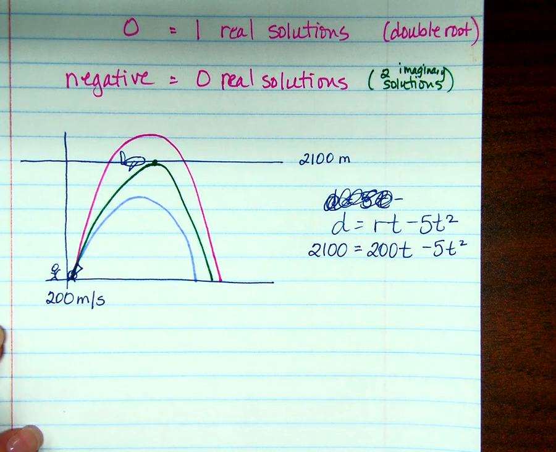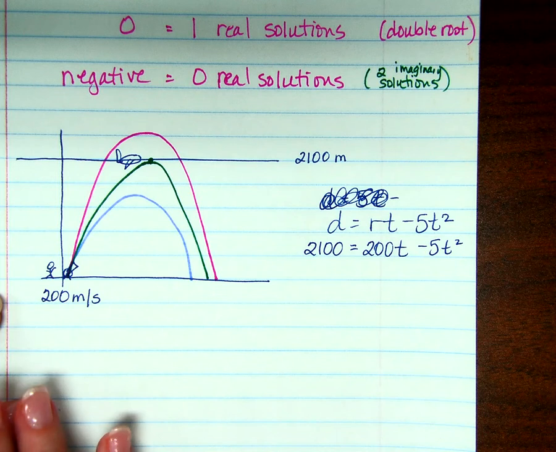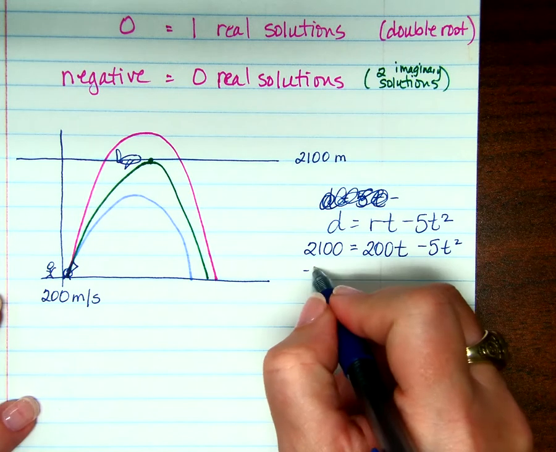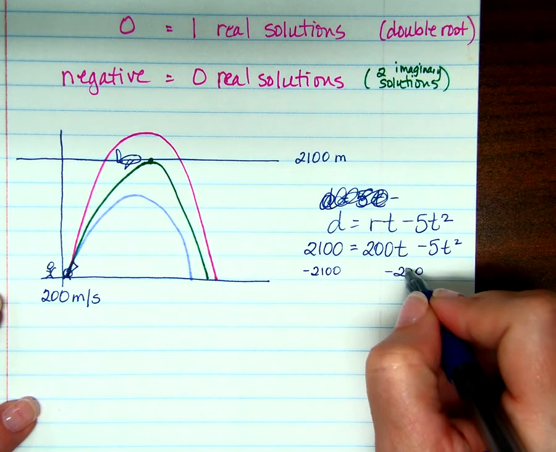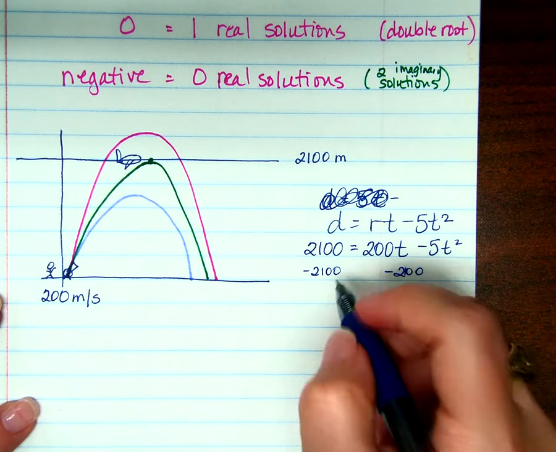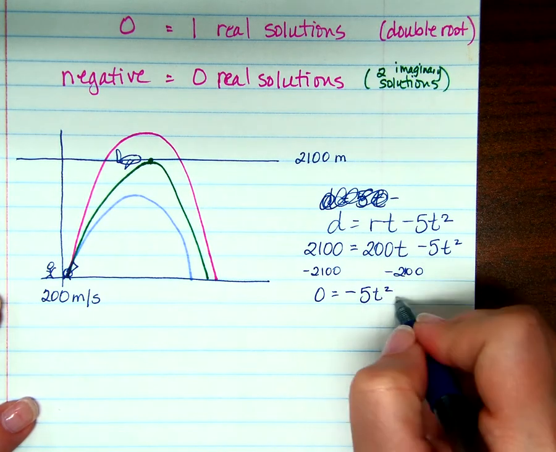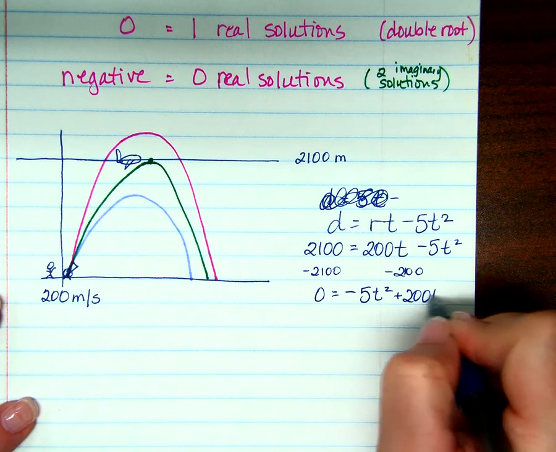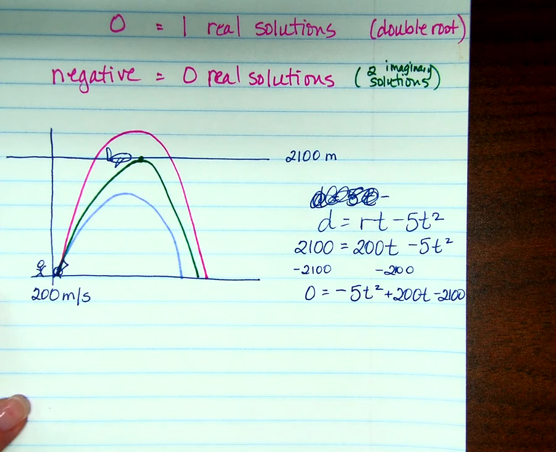What I do want to do is get it into standard form, though. Standard form equals 0. So I'm going to subtract 2,100 from both sides, and get it in standard form as I go. So negative 5t squared plus 200t minus 2,100. Everybody okay with that?